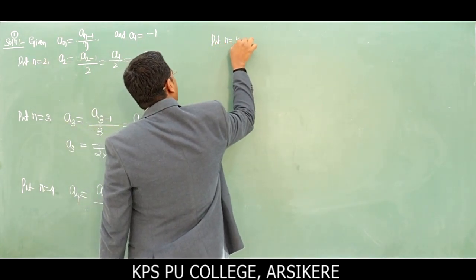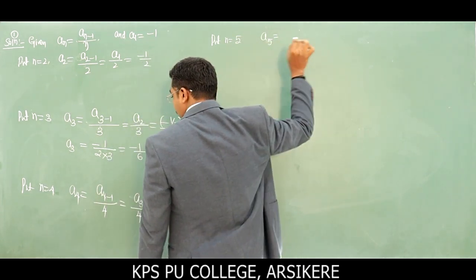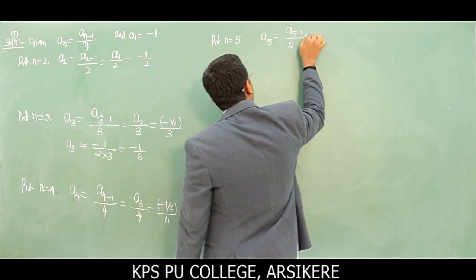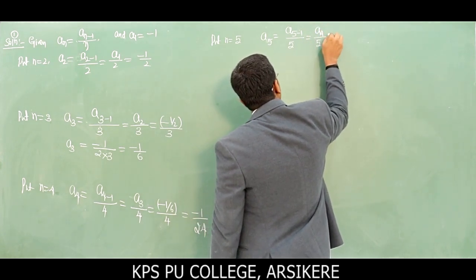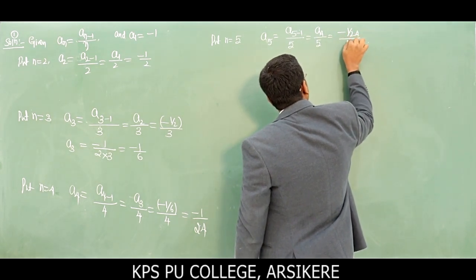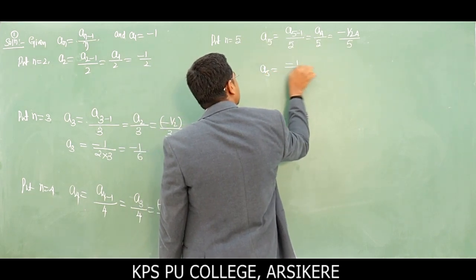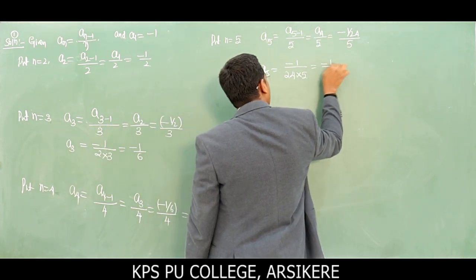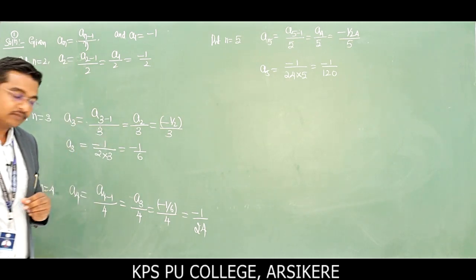Put n is equal to 5 there. a5 is equal to a4 divided by 5. This becomes minus 1 by 24 divided by 5. This is nothing but minus 1 divided by 24 into 5, which is minus 1 divided by 120. 24 fives are 120.